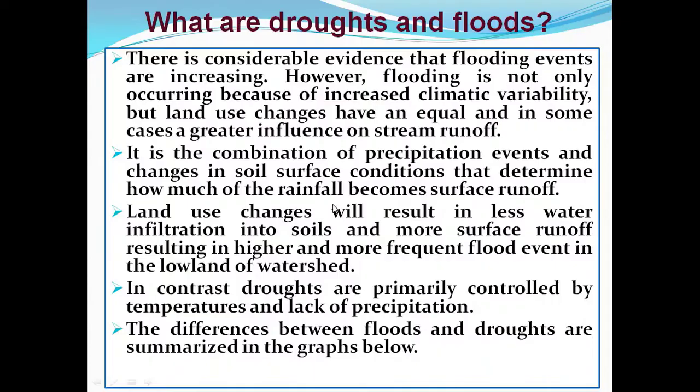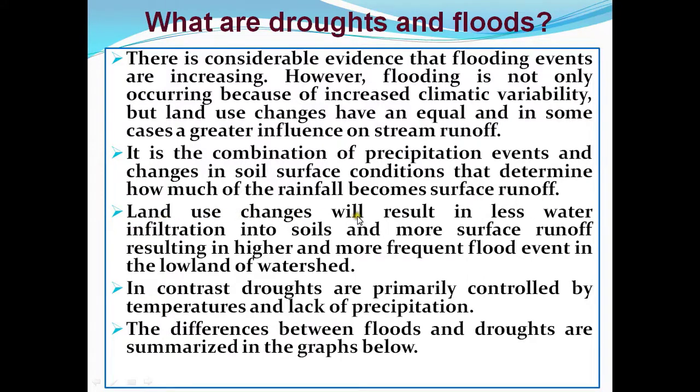Also, there is considerable evidence that flooding events are increasing. However, flooding is not only occurring because of increased climatic variability, but land use changes have an equal and in some cases greater influence on stream runoff. It is the combination of precipitation events and changes in soil surface conditions that determine how much of the rainfall becomes surface runoff.